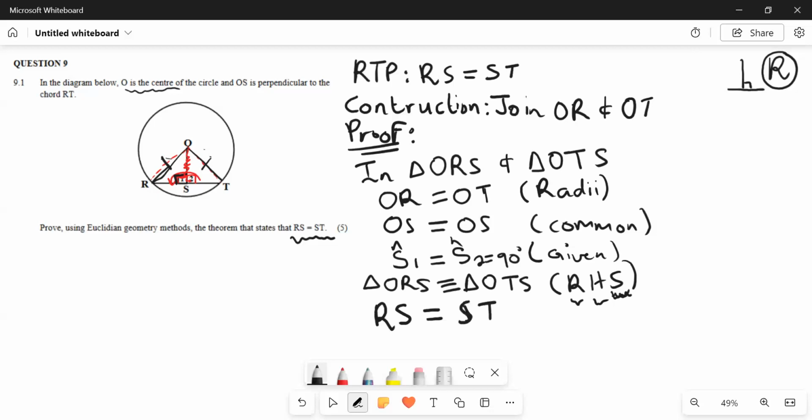So these triangles are equal in every sense, meaning all the angles are equal, all the sides are equal as well, right? So hence we had to conclude and say RS is equals to ST.